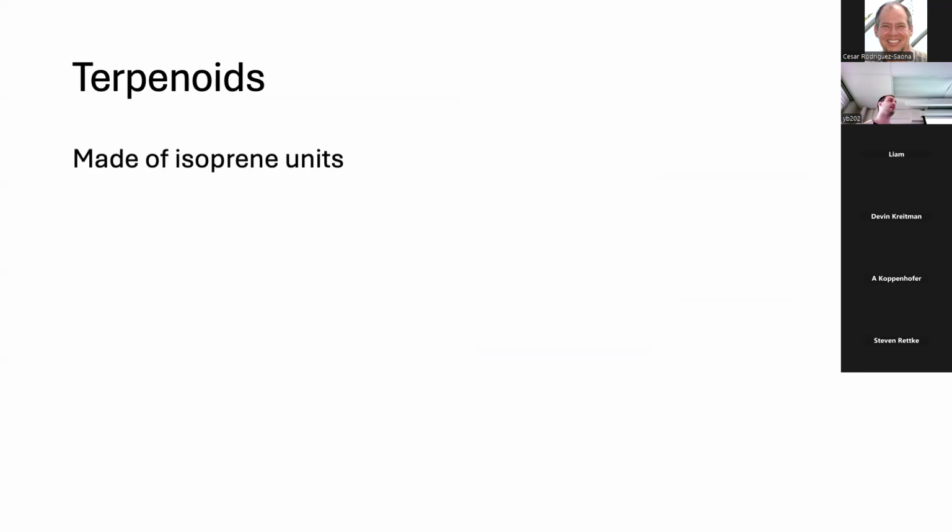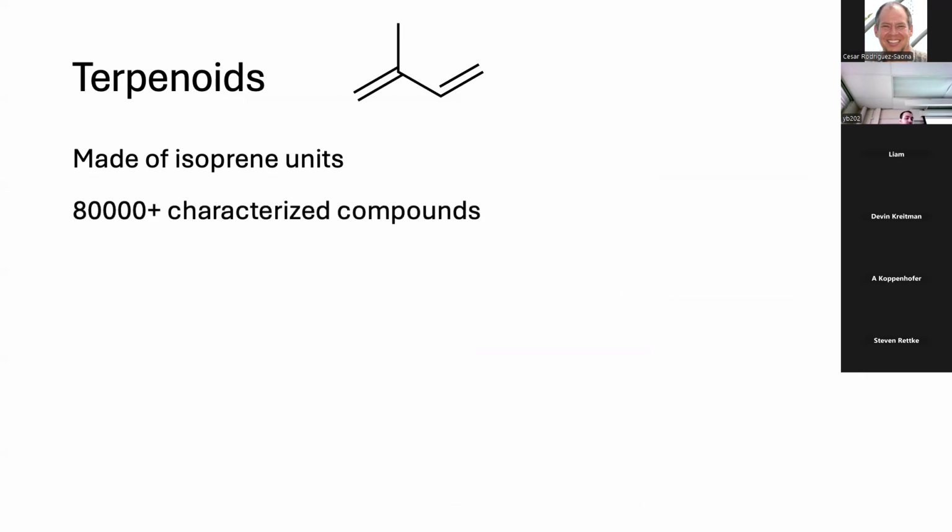So these are made of isoprene units, which is this. It's a bunch of carbons. There's a couple double bonds. This is one isoprene unit. And when we look at the context, there's so many of these compounds that have been characterized, and they could be acyclic, they could be cyclic or bicyclic or more.